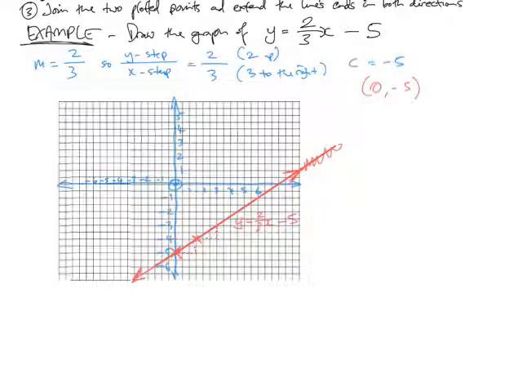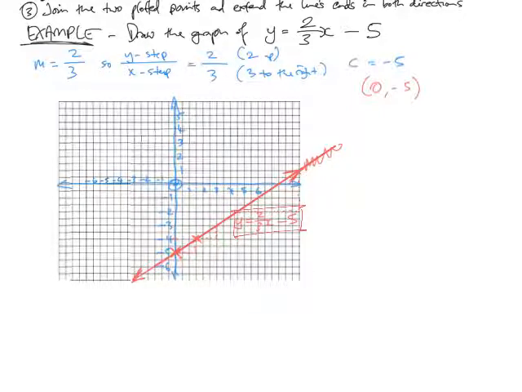You could go, oh well, if it went 9 across, then it would go 6 up. Well, let's check if it did that. Here we go. 1, 2, 3, 4, 5, 6, 7, 8, 9. Did it go 6 up? 1, 2, 3, 4, 5, 6. Yes, so that agrees with everything. That must be the formula of the line. So always label your lines with the formula that was used to work out what it was.